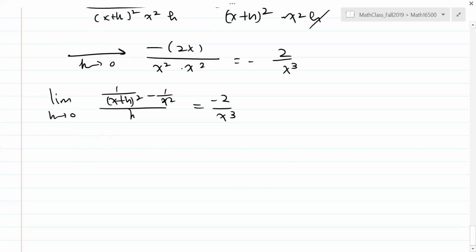There's a useful theorem called the squeeze theorem. I want to talk about it.